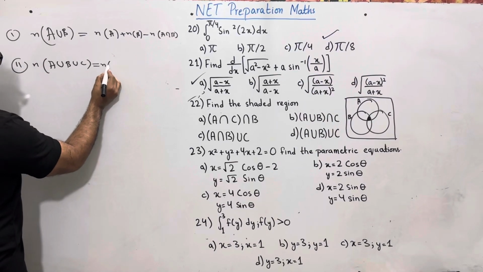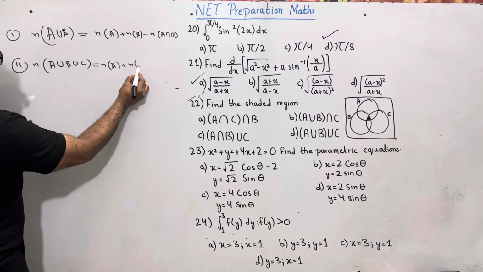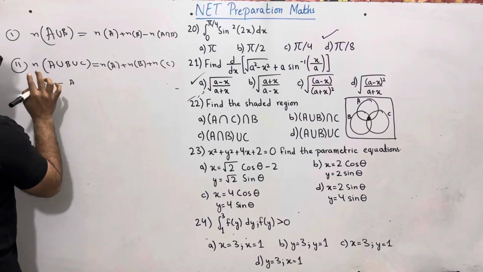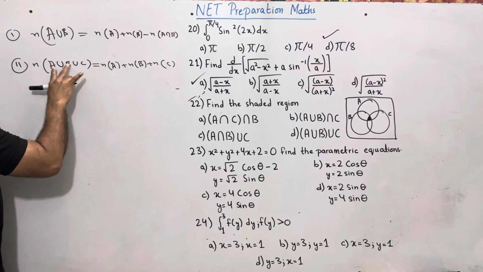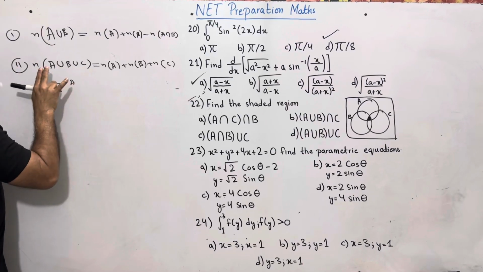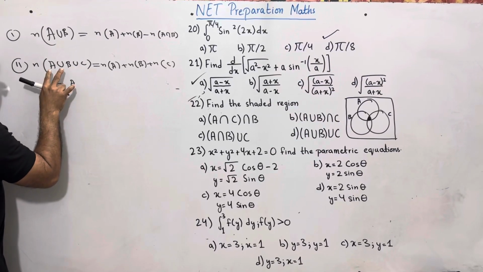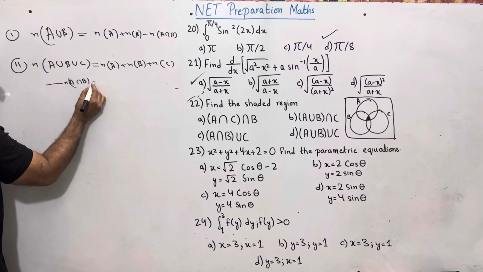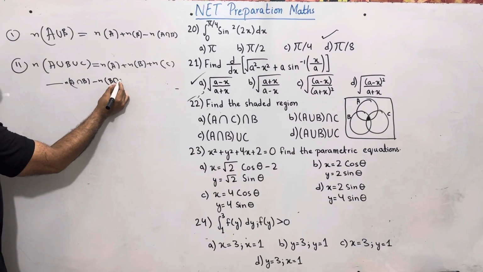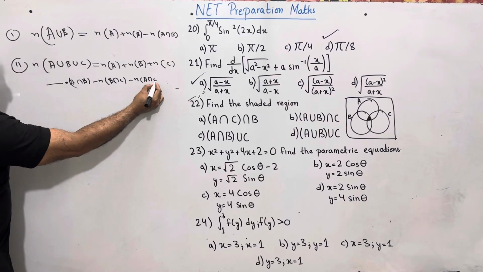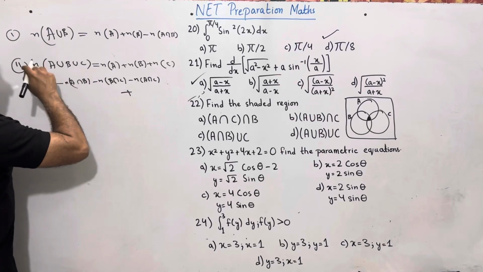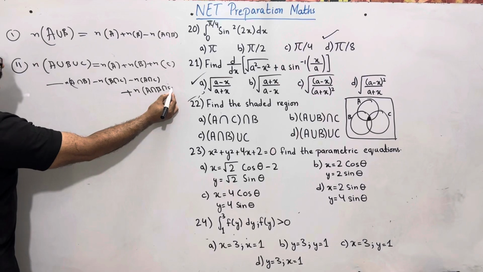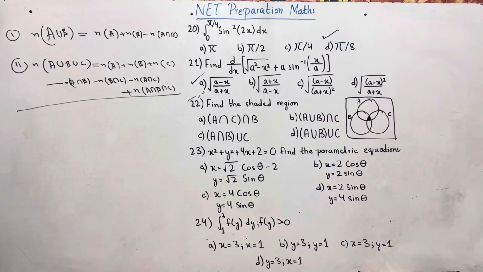It's equal to number of elements in A plus number of elements in B plus number of elements in C, subtracting intersection of AB, BC and AC, subtracting the overlapping portions: A intersection B minus B intersection C minus A intersection C, and restoring the intersection of all these three, the number of elements in A intersection B intersection C. This is for three sets.